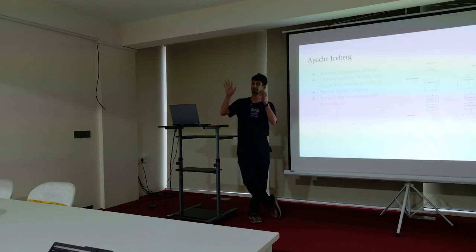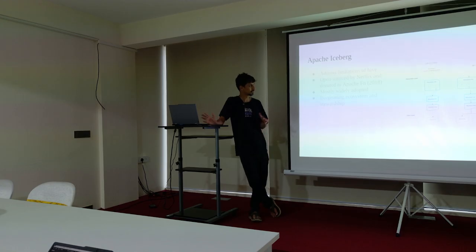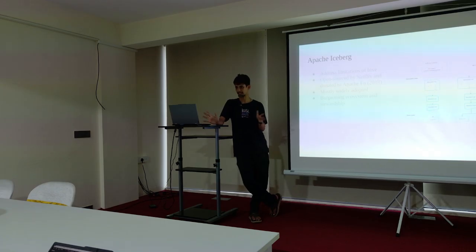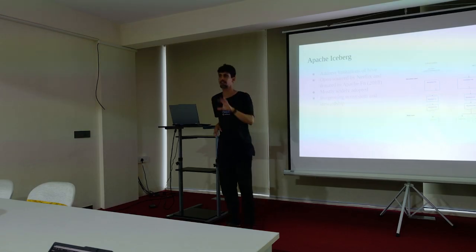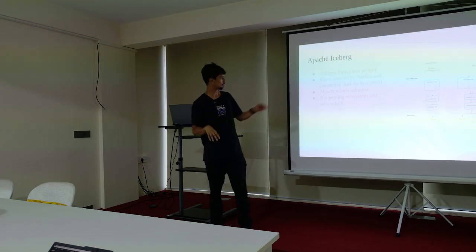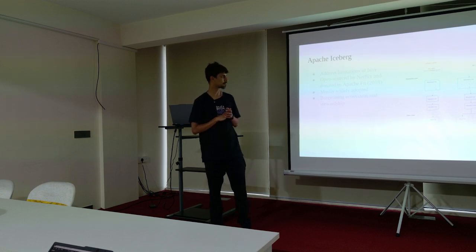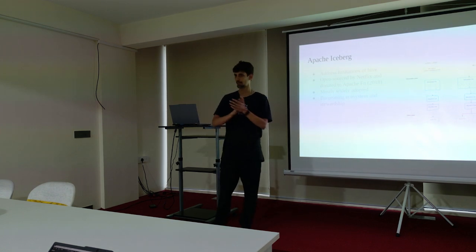Therefore, they had to invent a table format and establish a metadata catalog. It is the most widely accepted table format as of today, with a very large ecosystem. Kind of what Kafka is to a stream, Iceberg is to a table. That's how you need to look at it, and it's widely supported.